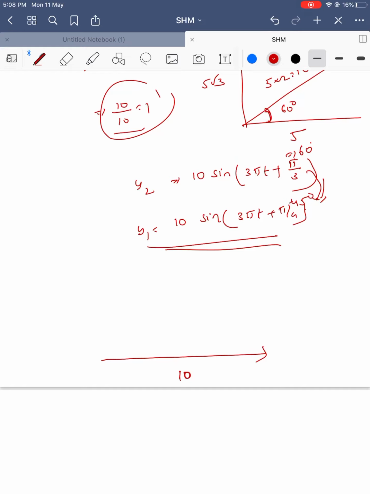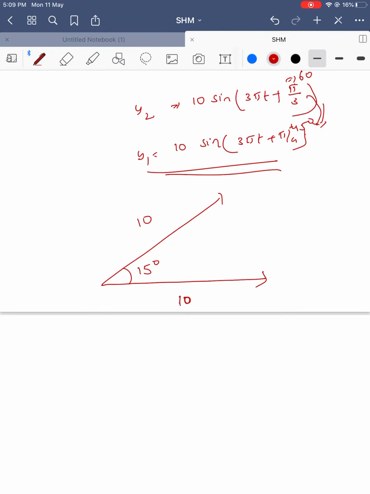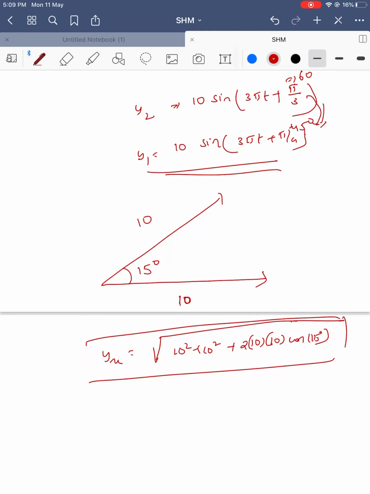It is 15 degrees, and the amplitude is 10. So the resultant is the square root of 10 squared plus 10 squared plus 2 times 10 times 10 cos 15. If you remember the cos 15 value, you can substitute it and you will get the y resultant.